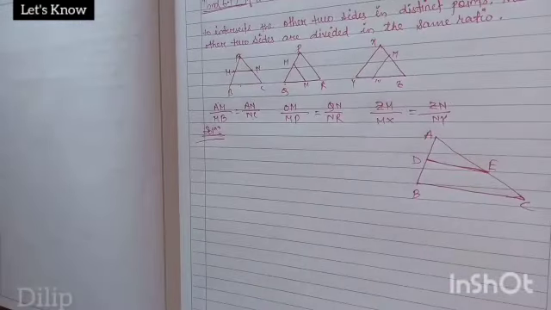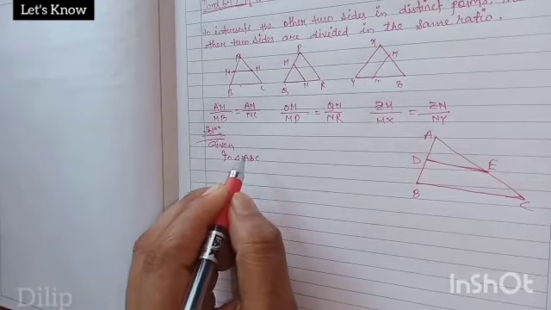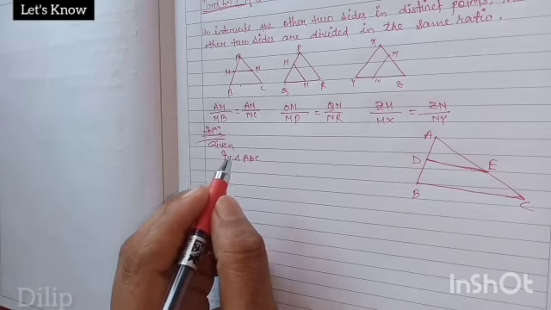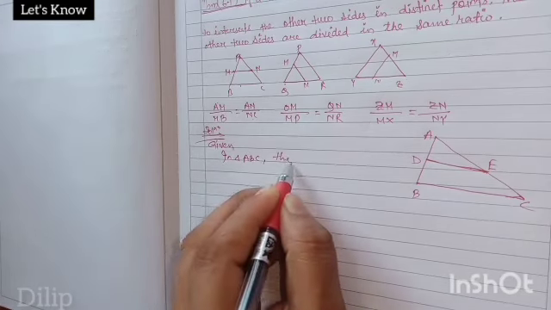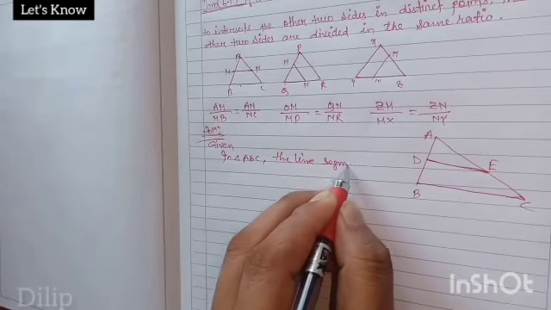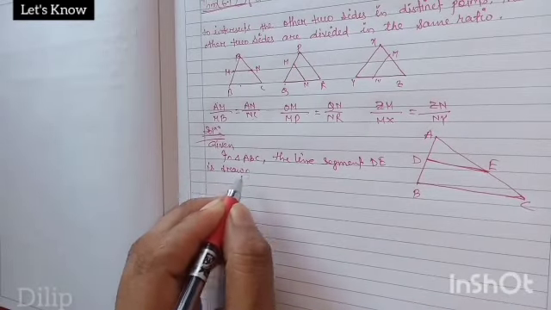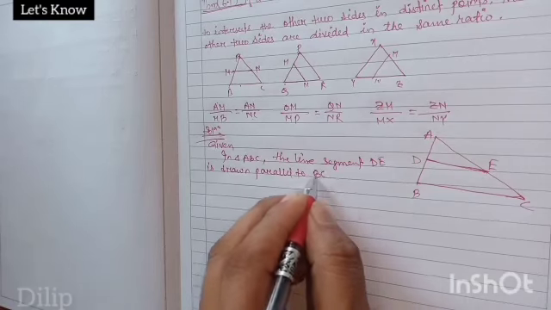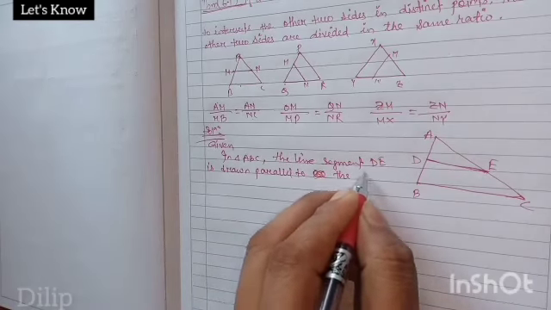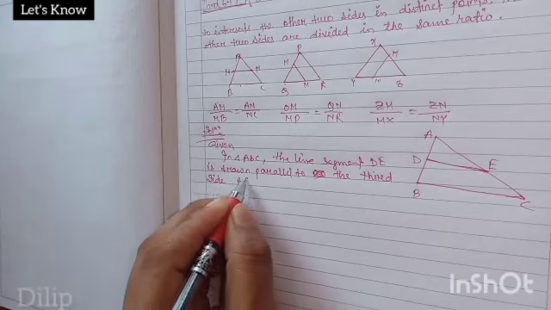First of all, you write the given part. Given: in triangle ABC, the line segment DE is drawn parallel to the third side BC.